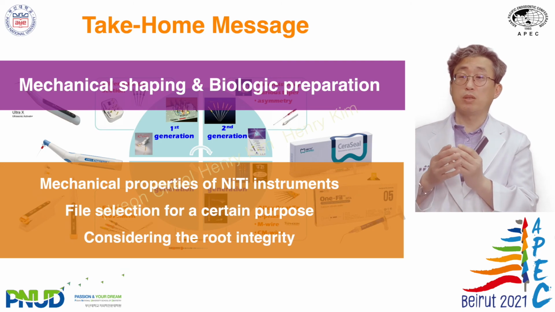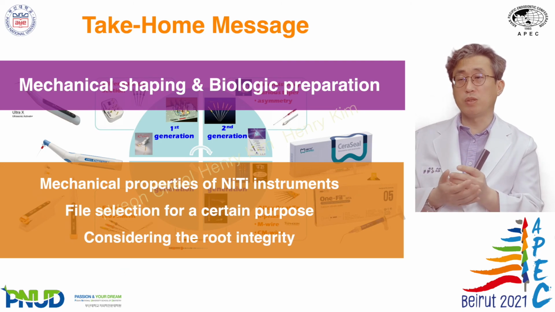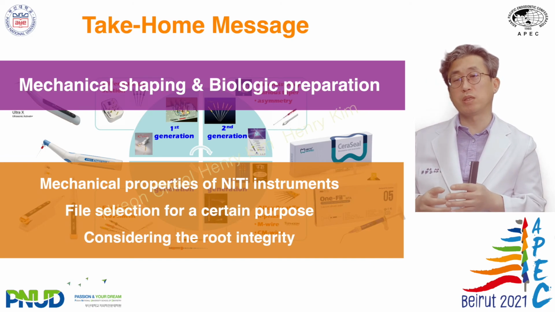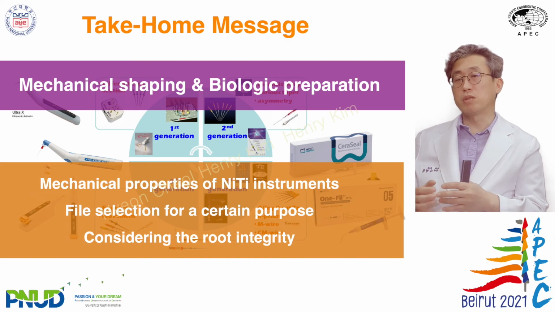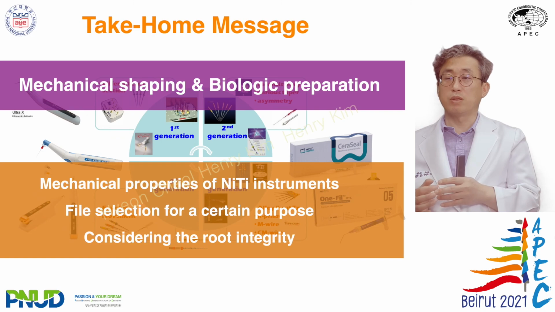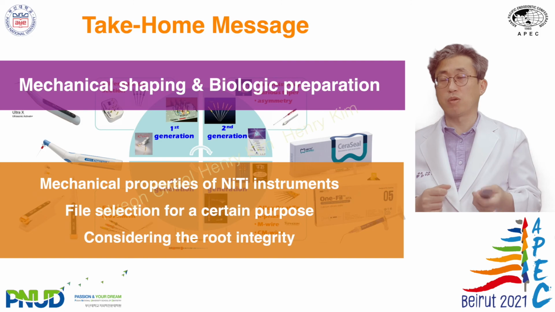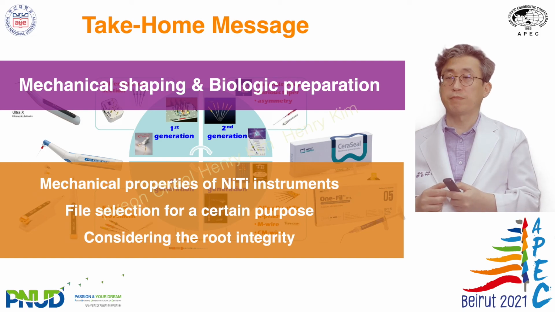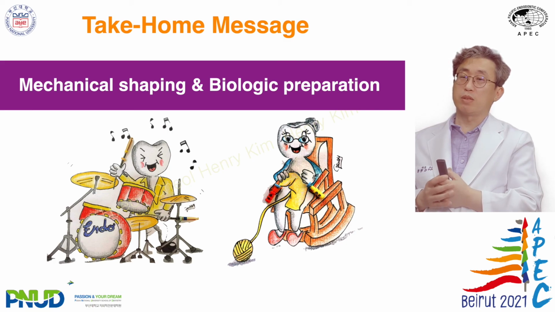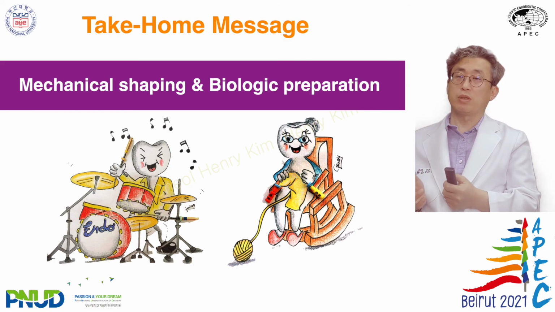For the selection and use of nickel titanium instruments, we need to consider the purpose of each shaping sequence, understand their mechanical properties, and consider root dentin integrity for good progress in the future. Then we can enjoy our daily practice. Whatever system or materials are your preference, the result and progress would be good.